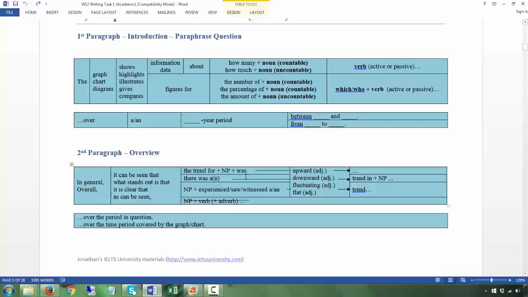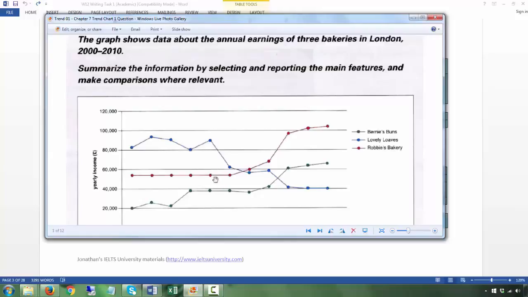Why do I give three different sentence structures? Because maybe if you are talking about these two where the trend is upward and this one is downward, you may want to use one sentence structure for this.